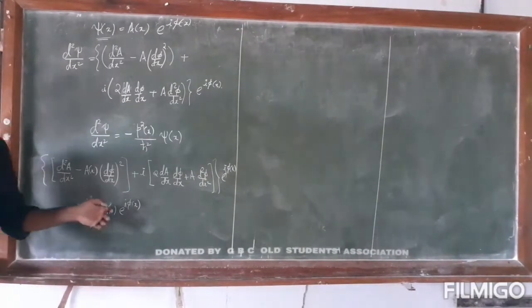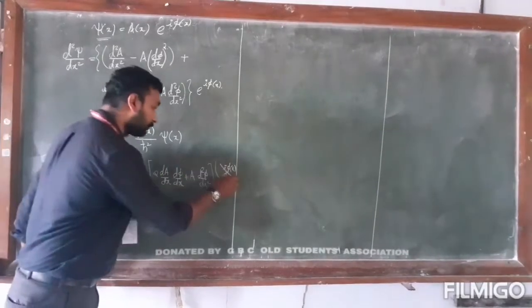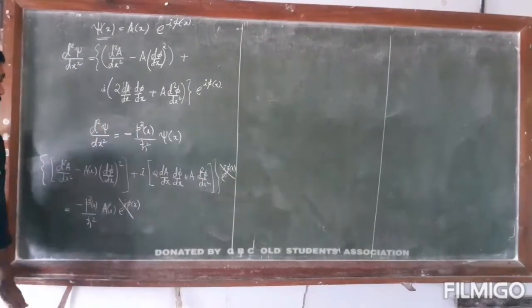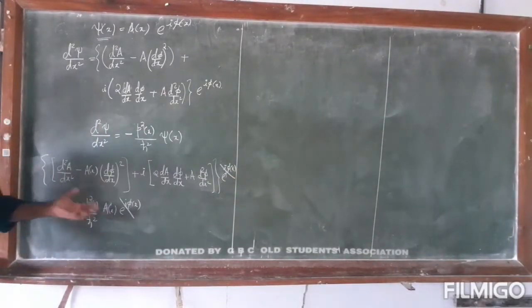Now e raised to i phi of x is common on both sides, so that will cancel. So what is remaining is this equation.